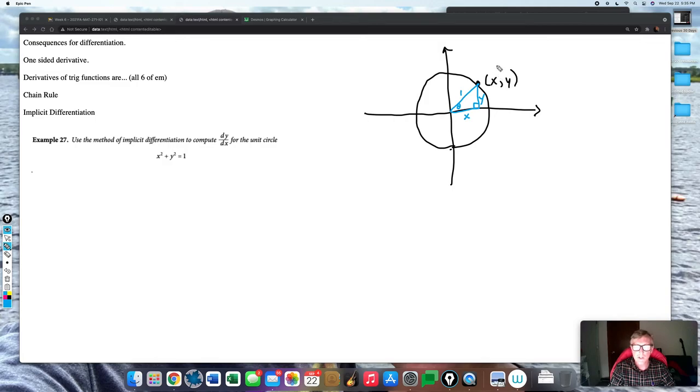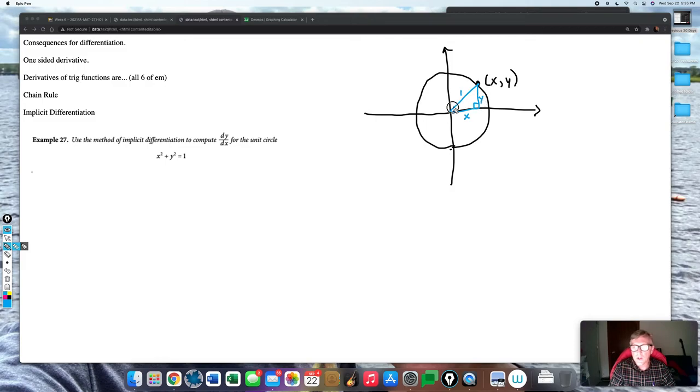So x is always the cosine of that angle, and y is always the sine of that angle. I don't really care too much about angles at the moment, but I just wanted to review that with you. And what I really wanted to show you was this. Let me just get rid of that angle in there.